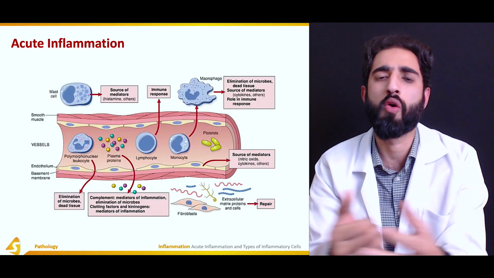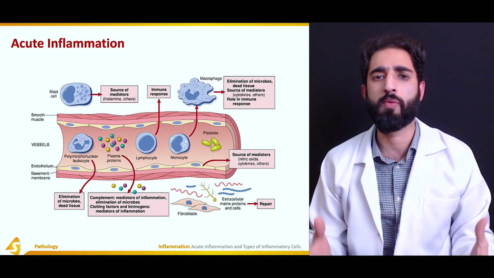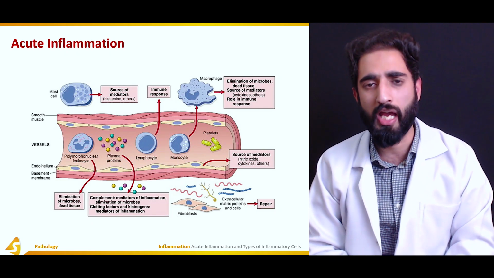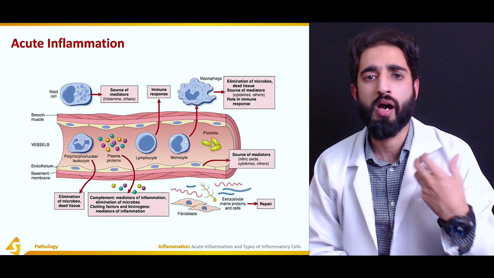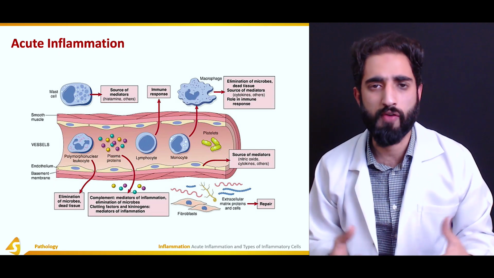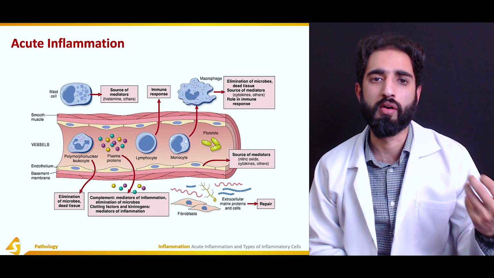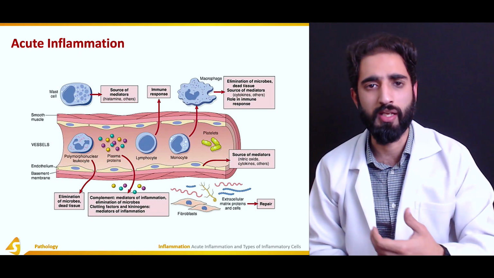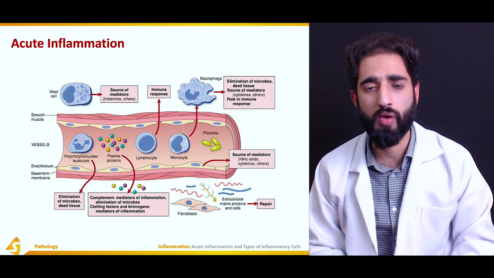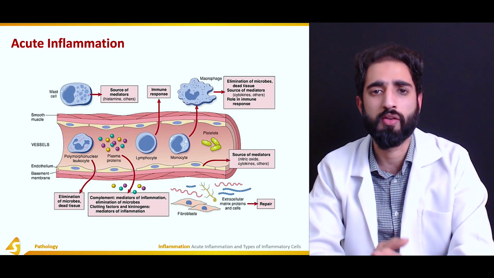So let's talk about acute inflammation. Acute inflammation is actually the immediate vascular response of the tissue to any type of noxious or harmful stimuli. That stimuli can be in the form of infection or a physical injury, or as we discussed, it can be autoimmune as well, or it can be simply due to ischemia or any other factor.